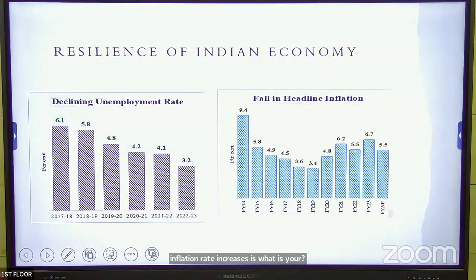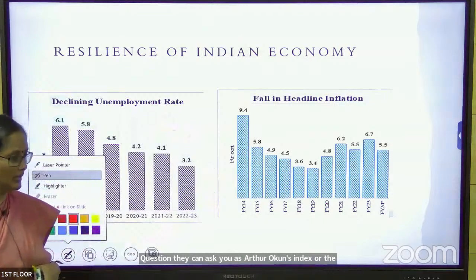Inverse relationship is your Phillips curve. But here it is the sum. Assume the inflation rate is 5% and the unemployment rate is 4%. A country's misery is measured as 5 plus 4, which is 9%, which was proposed by Hawkins. Sometimes in the question they can ask you as Arthur Hawkins index or the misery index. That is why we wanted to place both of these things together in a slide.